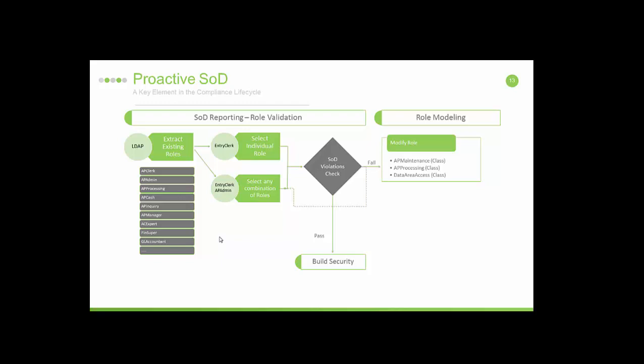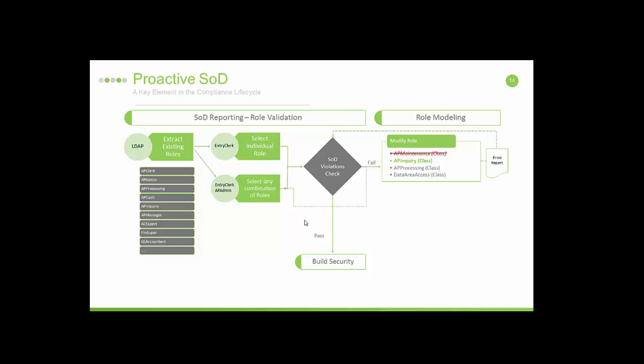What are my problems? So there's a number of things we can do here in our modeling application that goes with SOD. And in this case, maybe what I want to do is remove AP maintenance and put in AP inquiry, because I know inquiry only doesn't cause me a problem, but maintenance might cause a problem. So I'm going to take an existing role, maybe it's my AP supervisor role, and I'm going to remove the maintenance, and I'm going to add AP inquiry, and I'll leave processing and data access as it is.